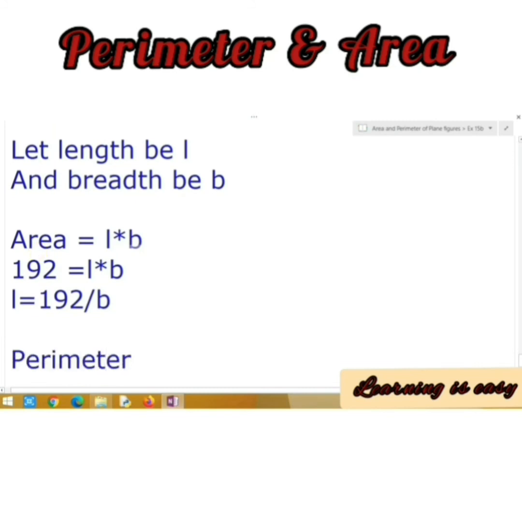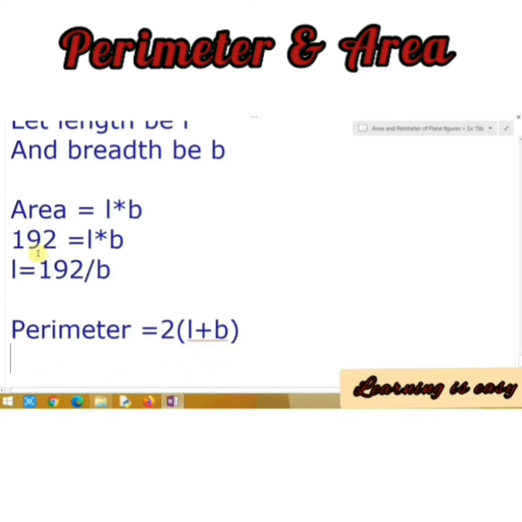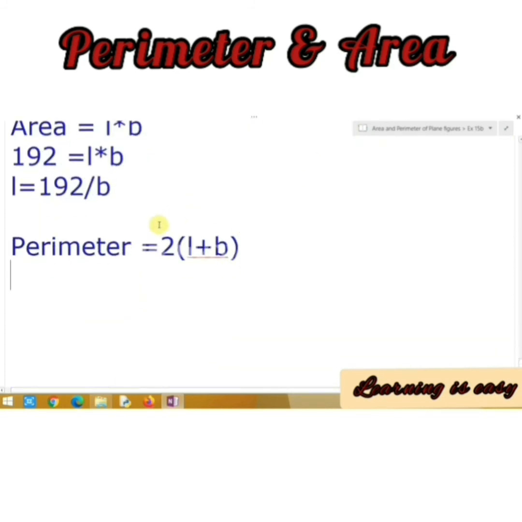Perimeter is going to be 2 into L plus B. Here again we have the LHS. That's 56 centimeter. 2 into length is 192 divided by B plus B. With this we will get the value of B. We need to take the LCM for, so we'll take LCM for within brackets.